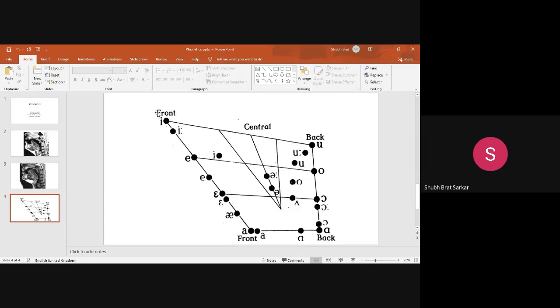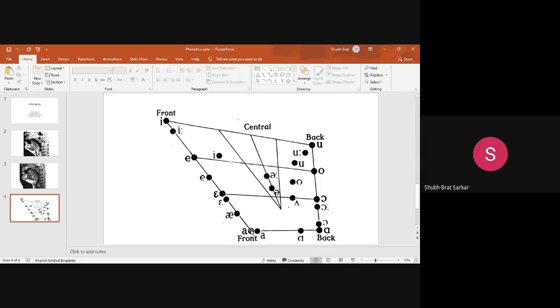In the lab we have seen that these cardinal points allow us to make the distinctive vowel sounds. This helps us to understand the distinctive nature of the vowel sound. But in English RP, we have different positions where the exact vowels are produced, that is, where the tongue is reaching.